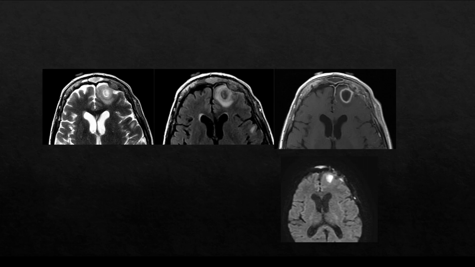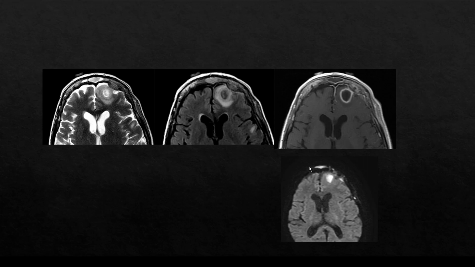On the axial T2, axial FLAIR, axial T1 post, and diffusion weighted sequence, we have a peripheral rim of dark T2 signal surrounding local mass effect and T2 prolongation, ring enhancement with central non-enhancing restricted diffusion, and the material in the sinus also restricts diffusion.